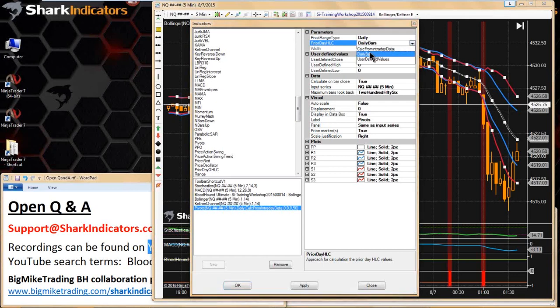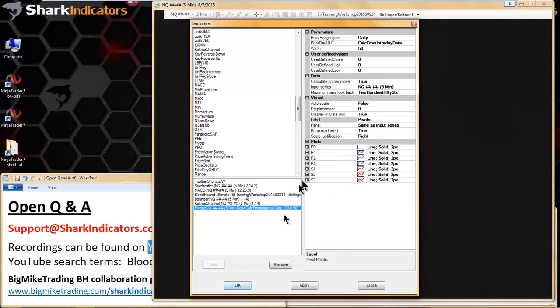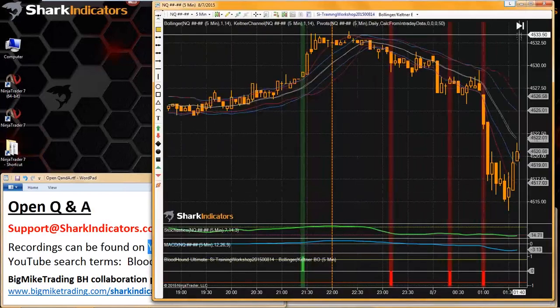So if you're using the pivots indicator, make sure that you're using calculate from intraday data. Ninja has acknowledged that this mode works correctly when you're using the pivots inside of a strategy or another indicator. So we'll just leave that there. Looks like everything else is okay.